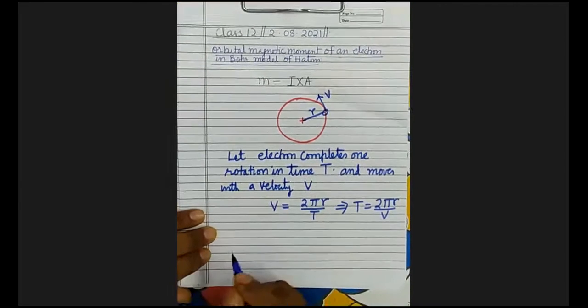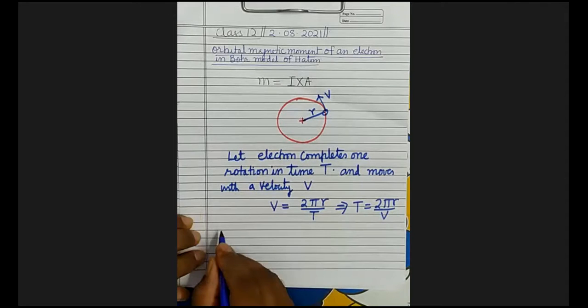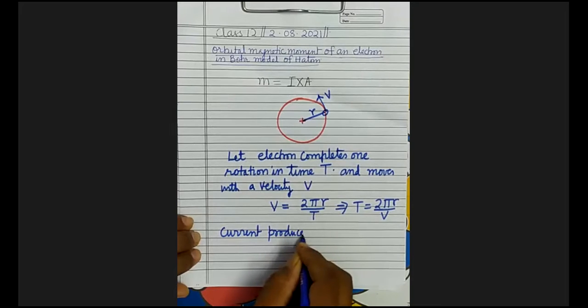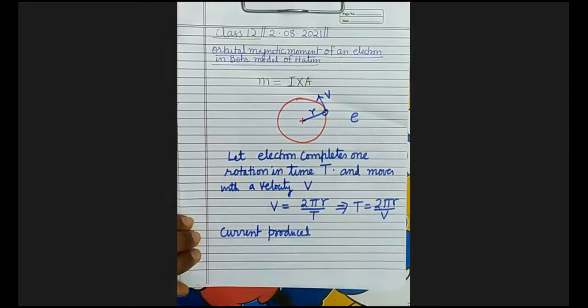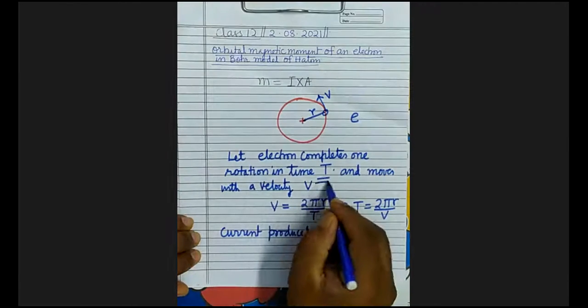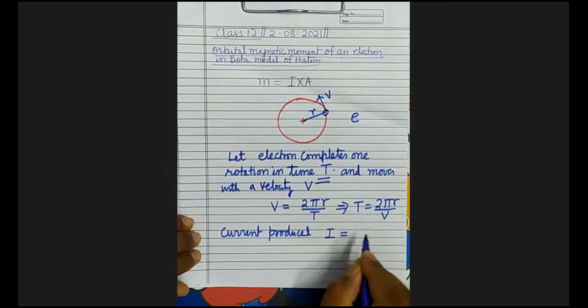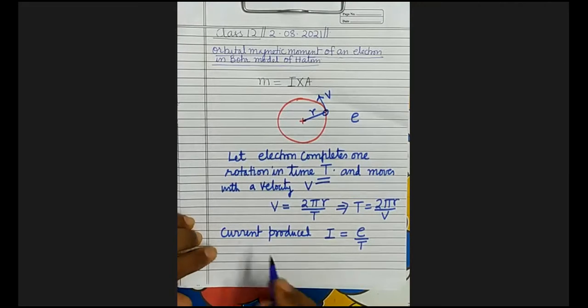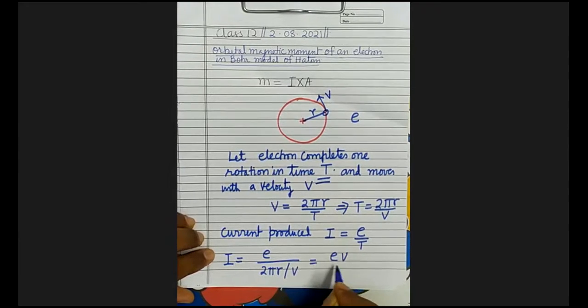So, the current produced. The electron carries a charge e, the electronic charge, and completes one rotation in time T. Therefore, how much current will be produced? That will be e upon T. Substitute this value of T: I equals e upon 2 pi r divided by v, means I equals e v upon 2 pi r.